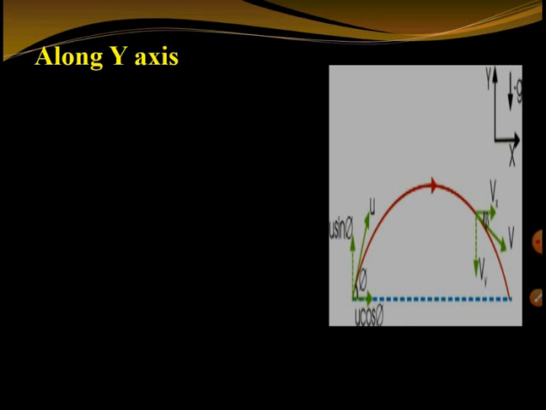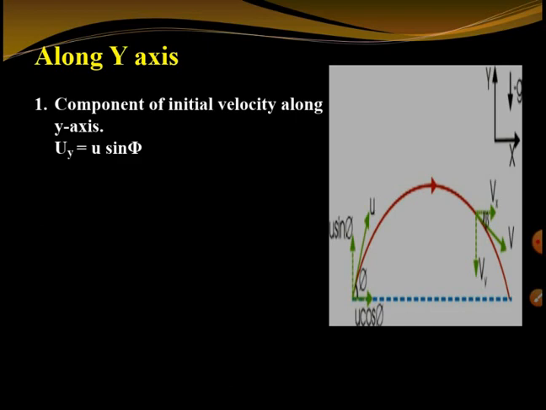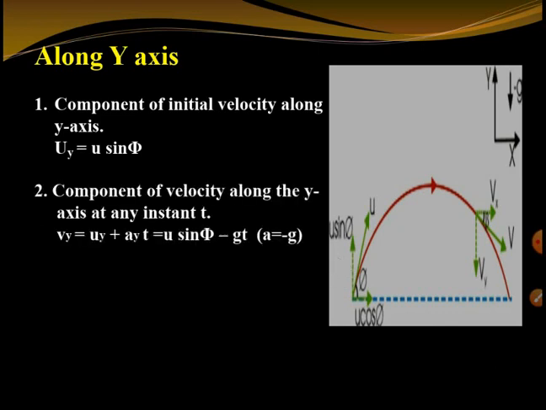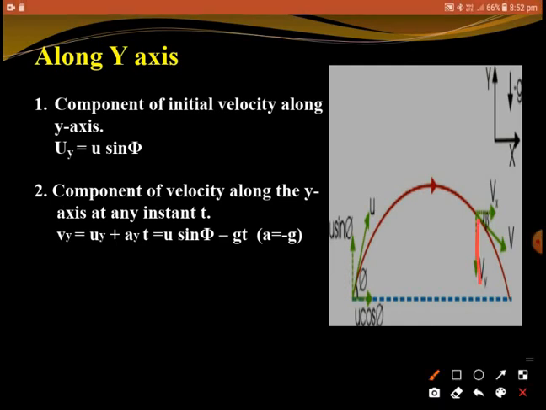So now let's see the horizontal motion, that means along the x-axis. The component of initial velocity will be u cos theta. Got it? Now for the component of velocity vy, we have to use the kinematic equation, but here your acceleration is not equal to 0.